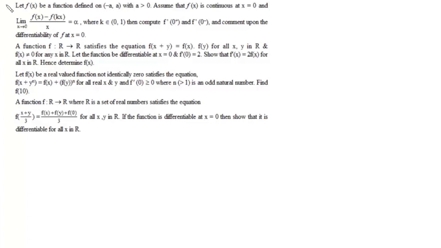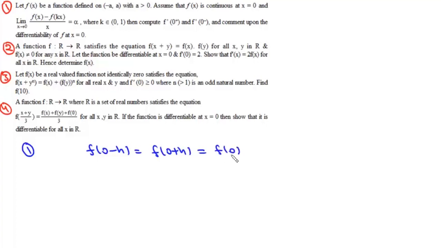Now here we have 4 questions: 1, 2, 3 and 4. We'll start with the first one, and it says, let f x be defined on minus a to plus a with a greater than 0, and assume that f is continuous at x equals 0. That means f 0 minus h is equal to f 0 plus h, and it will be equal to f 0.